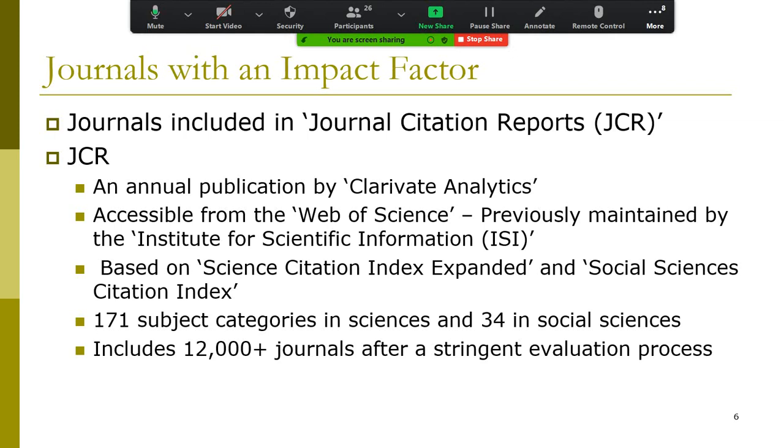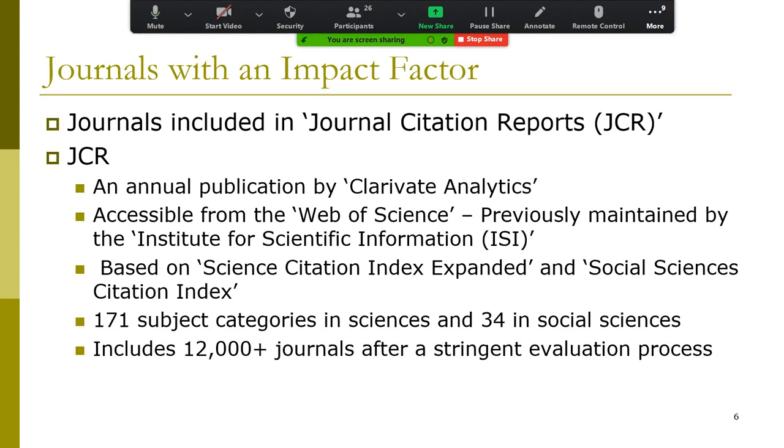There were many points which they look into, and they have an editorial board for this purpose. It is very difficult for a new journal to be included easily in the list of JCR.